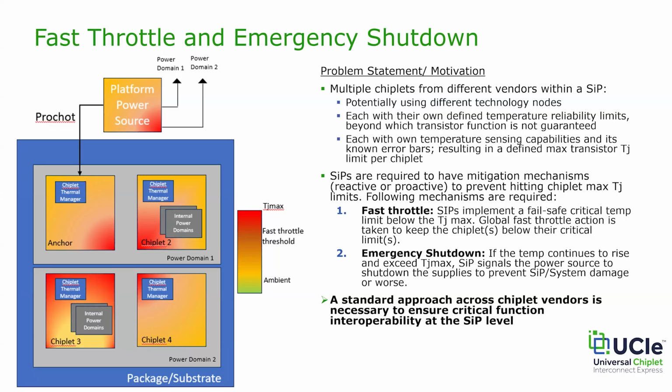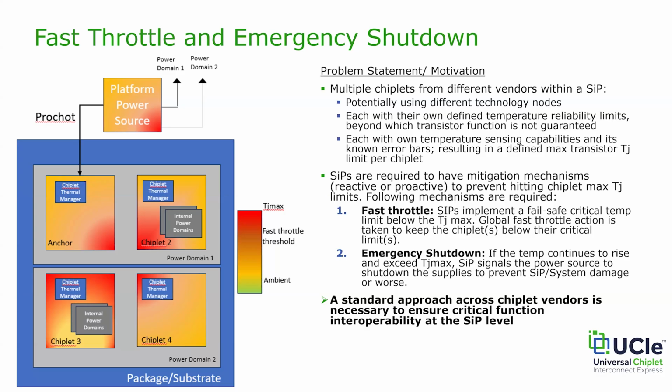So we need a standardized approach for those kinds of things, and that's what we provided with UCIe 3.0. There are two key mechanisms: one is fast throttle, and the other one is emergency shutdown. Now, fast throttle is implemented by introducing a common dedicated open drain bidirectional pin, the type that we talked about in the last slide, for all the chiplets in a thermal zone in the package.